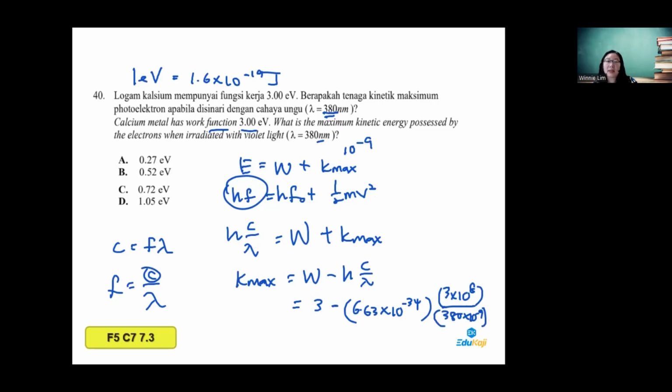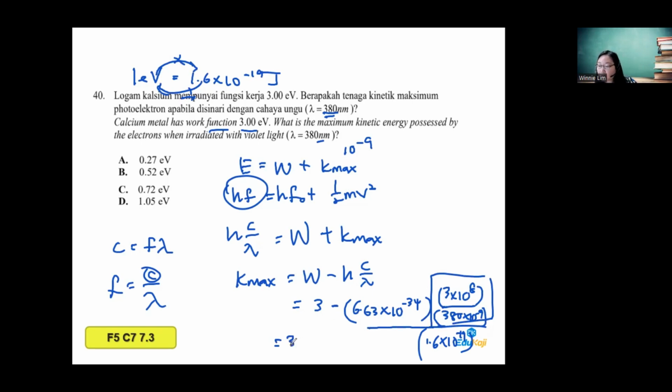From eV to joule you multiply, from joule to eV you divide, so this whole thing you need to divide by 1.6 times 10 power of negative 19. It looks a bit complicated, but you do it all, then you only change this whole thing.